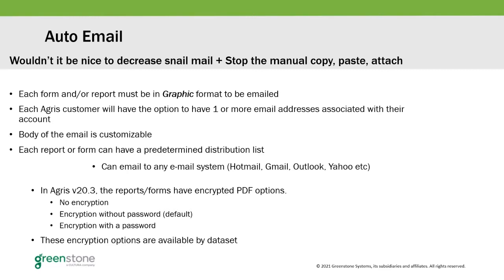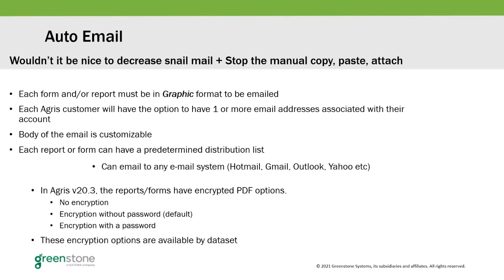The first one being no encryption. The second one being encryption without a password, which is the default. And then the third, encryption with a password. And you can set these options up by data set. So some information you might want to have in one option, other information you might want to have in another.